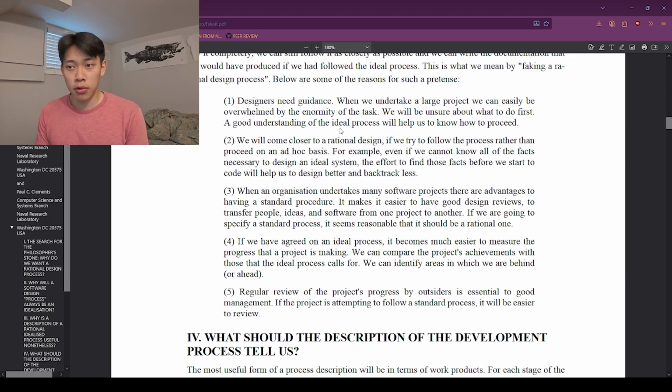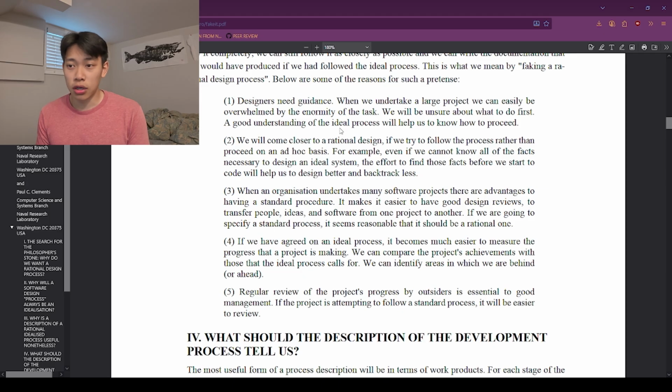2. We will come closer to a rational design if we follow the process rather than proceed on an ad hoc basis. For example, even if we cannot know all the facts necessary to design an ideal system, the effort to find those facts before we start to code will help us design better and backtrack less. 3.